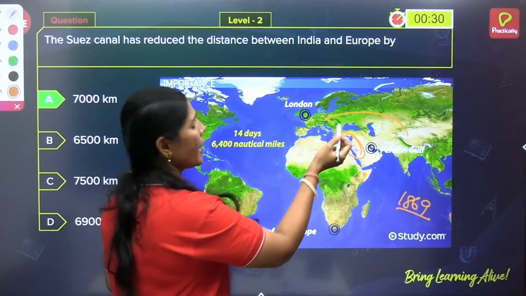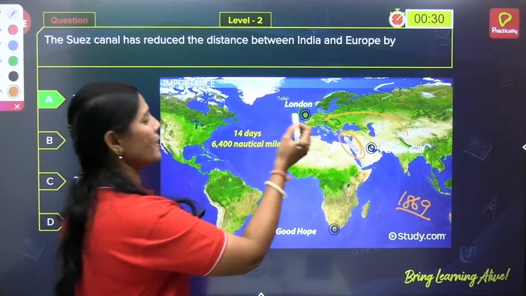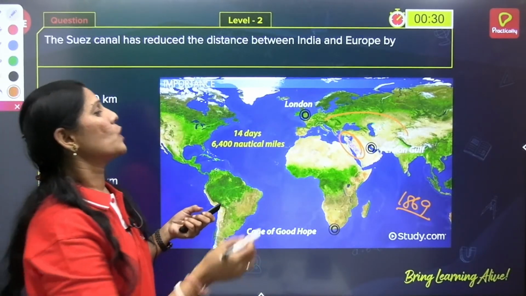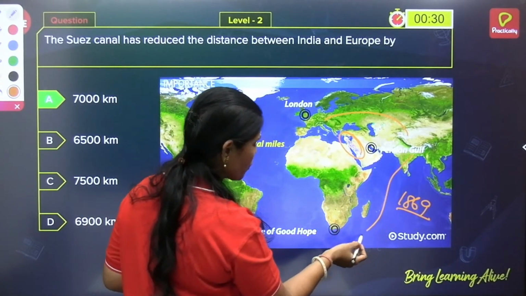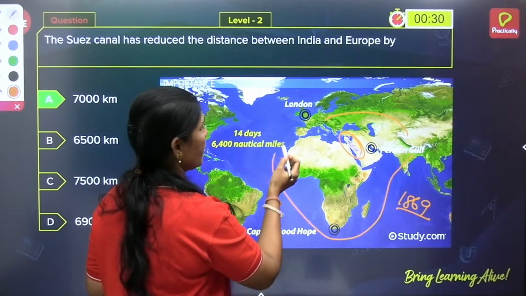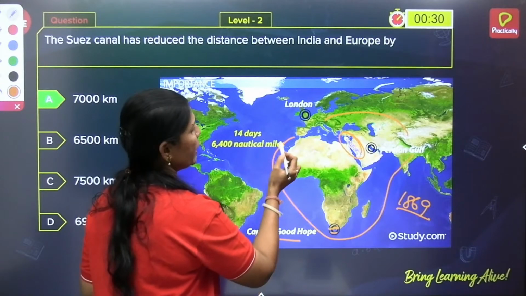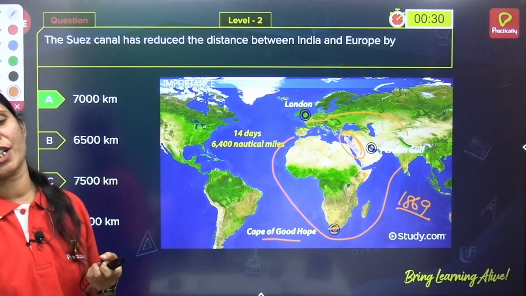As there are many complications, and passing this different type of terrain is very difficult, they navigated through the seaways, and they used to travel the whole distance, like via Cape of Good Hope, that is Africa, to reach Europe. So it's a long distance, it takes months to reach Europe.